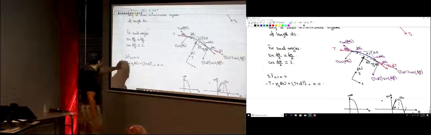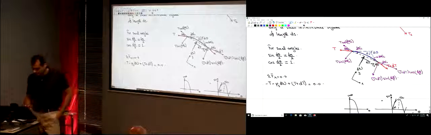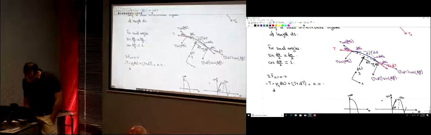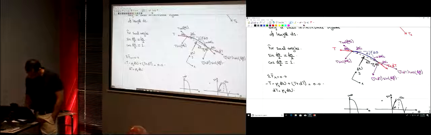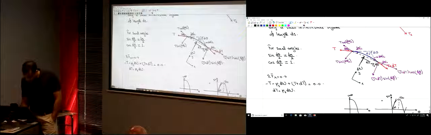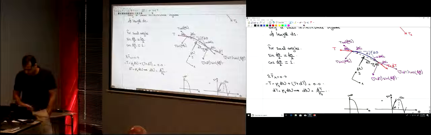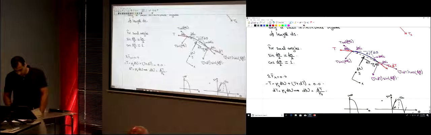You have negative T and you have T, those cancel, so you have dT equal to mu s dN. Moving dN to one side of the equation, dN is dT divided by mu s.